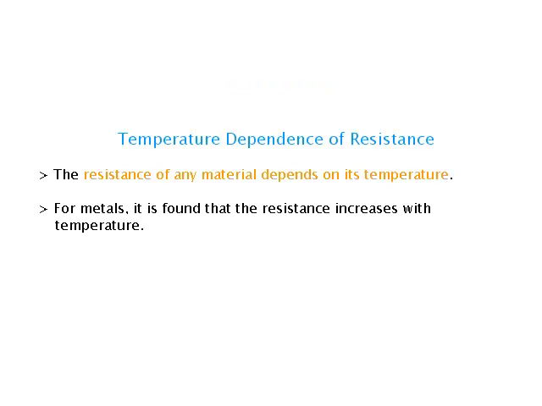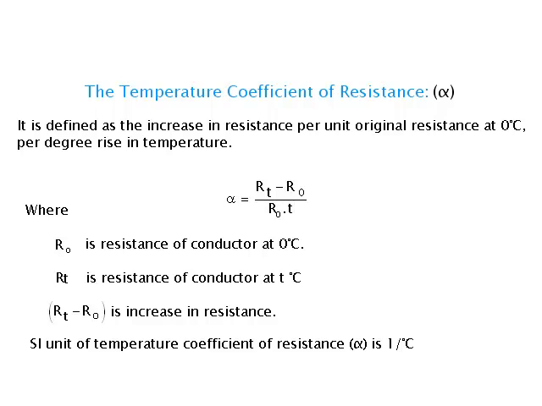Temperature dependence of resistance. The resistance of any material depends on its temperature. For metals, it is found that the resistance increases with temperature. Temperature coefficient of resistance alpha. It is defined as the increase in resistance per unit original resistance at 0 degrees Celsius per degree rise in temperature.